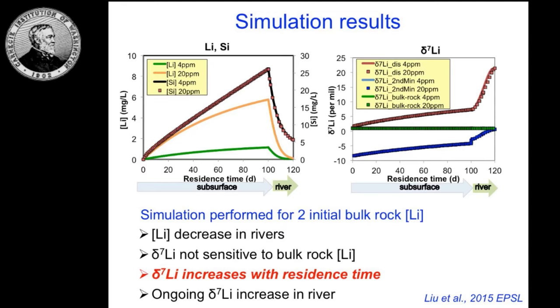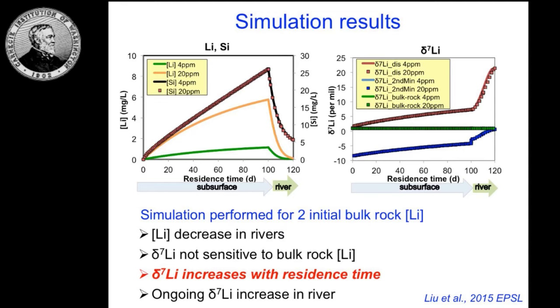In the groundwater with longer residence time, it's not surprising we release more lithium and also silicate into the groundwater. However, because there is a mixing of fresh waters in the river, we see a decreasing behavior for both lithium and silicate content in those simulations.